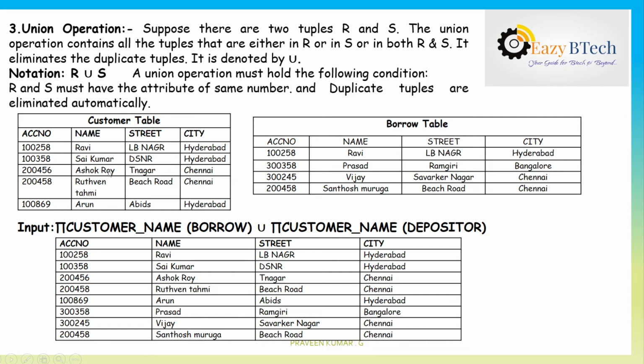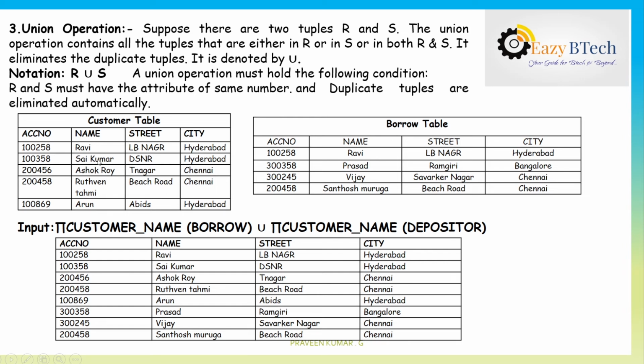When you get the union, check the customer name. Here we have customer name Ravi and customer name Ravi. First print the first table as is: Ravi, Sai, Ashok. Then it checks with the union. First, Ravi with Ravi: both are equal. Then Sai Kumar is checked with Ravi, with Prasad, with Vijay, with Santosh: no match. Again Ashok Rai is checked the same way.